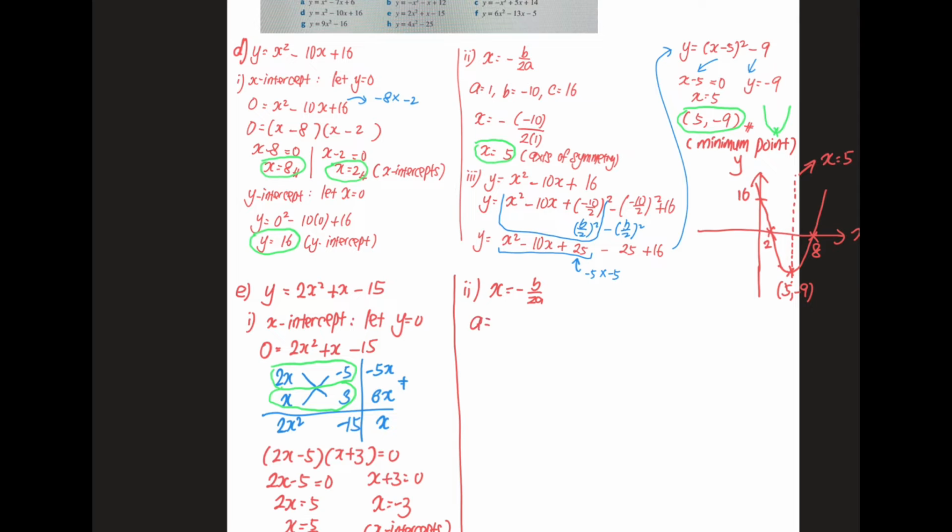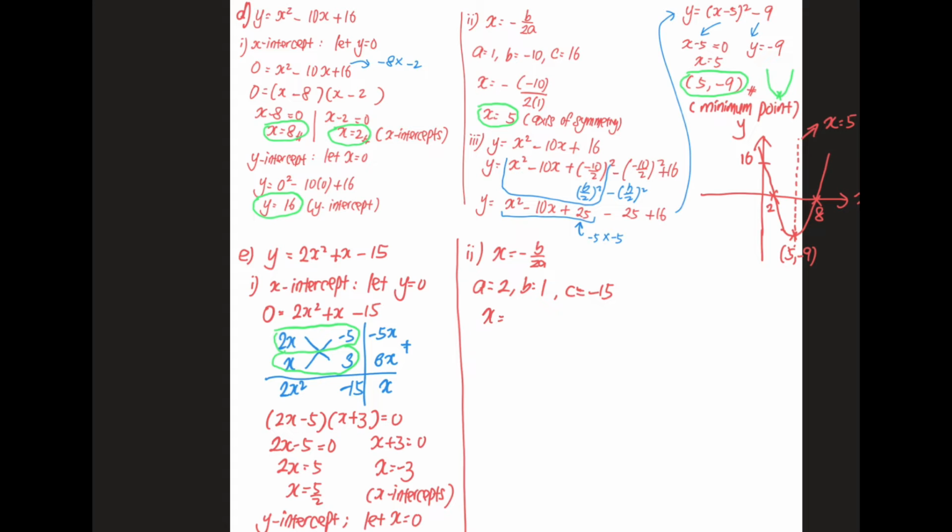So x equals minus b over 2a, which is negative 1 over 4. This is the axis of symmetry.